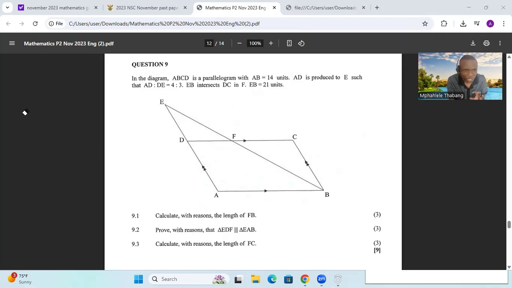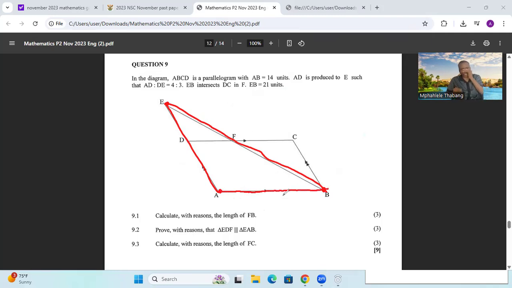So I'm going to do this. The first thing that I want you to spot now is the triangle EAB. This is the triangle I'm going to focus on. So let me show this triangle with red ink.